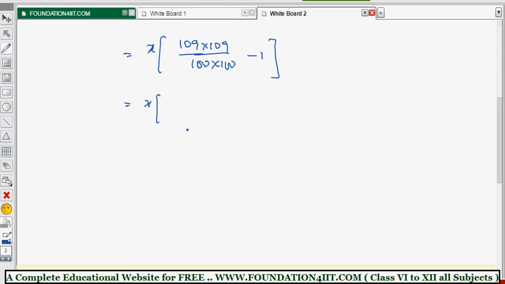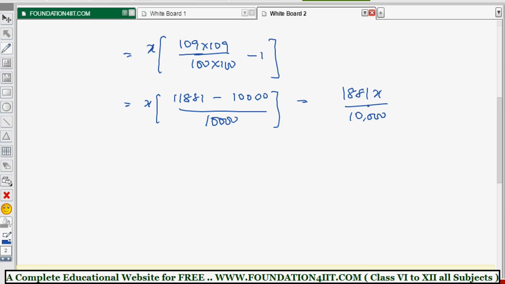Just if you multiply and simplify, that is 11881 by 10,000, minus 1. LCM, just multiply into LCM, then if you subtract these both, 1881 by 10,000 x. This is the compound interest, right?